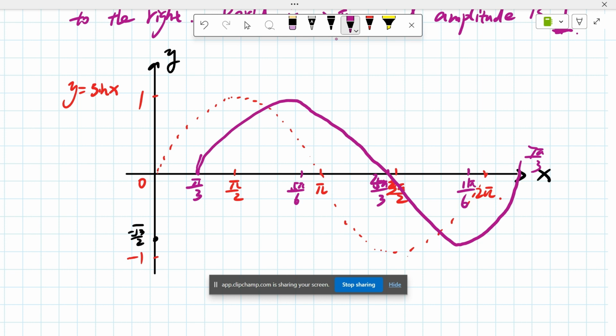But we're not going to go further than that, which means we don't need it past 2 pi. And we keep going that way, and that becomes the final graph. And that graph is y equal to sine of x minus pi on 3 from 0 to 2 pi.